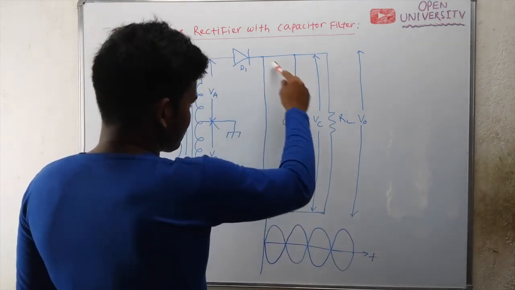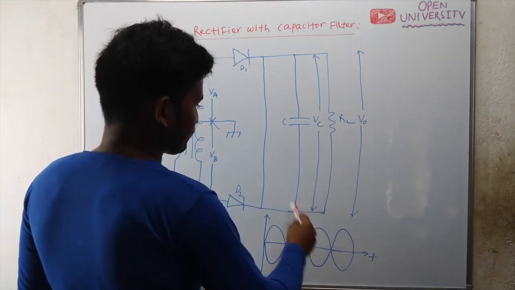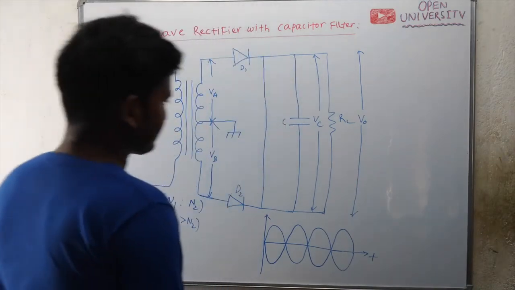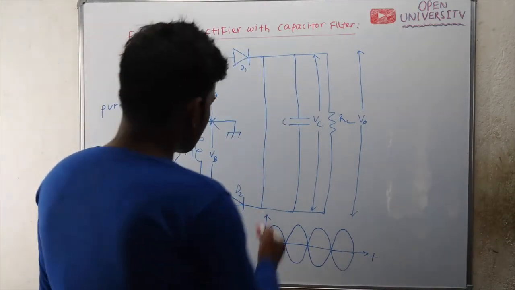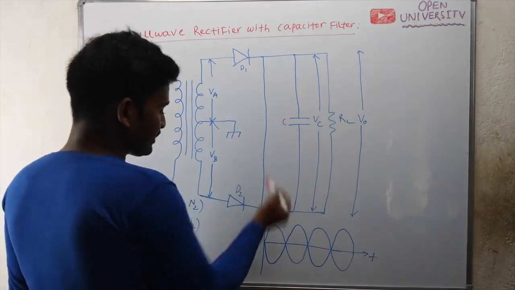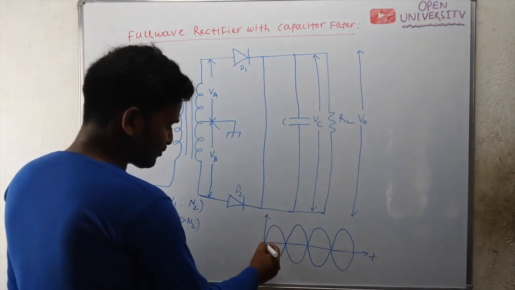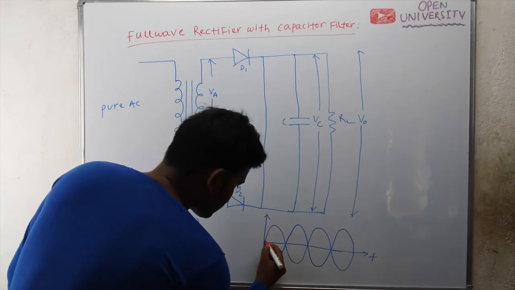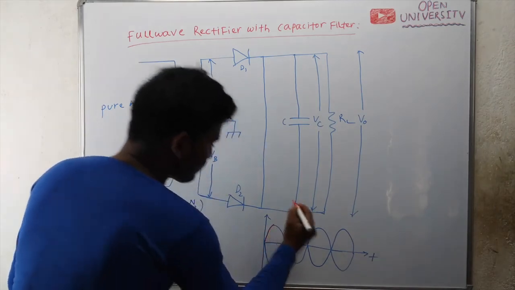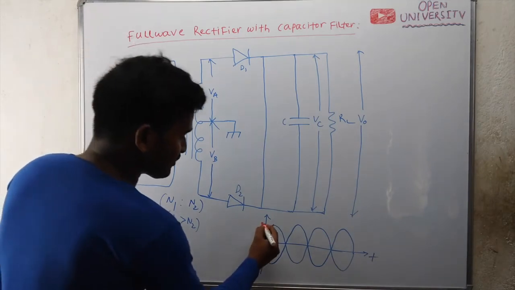Your capacitor will charge through the diode D1, up to the maximum value of the input voltage, that is Vm.